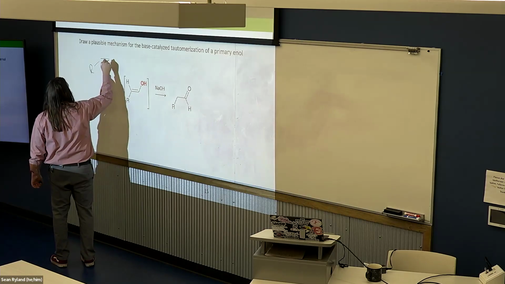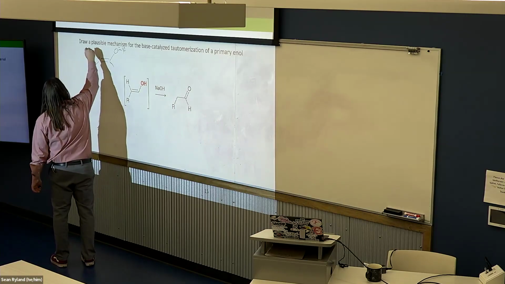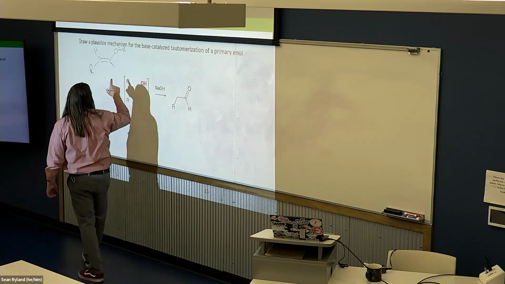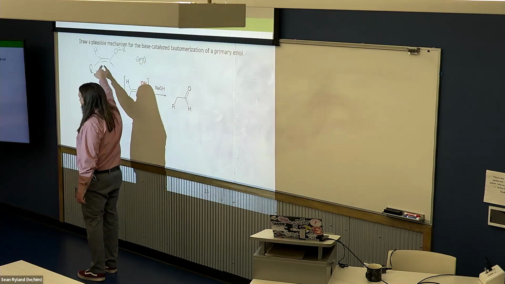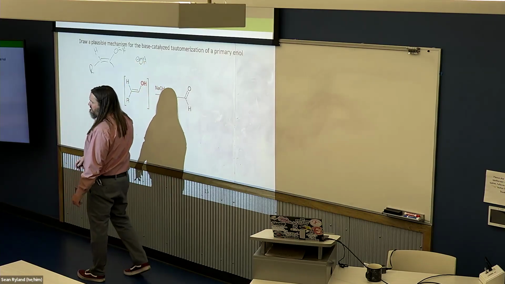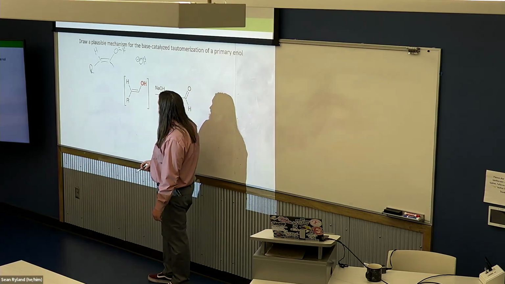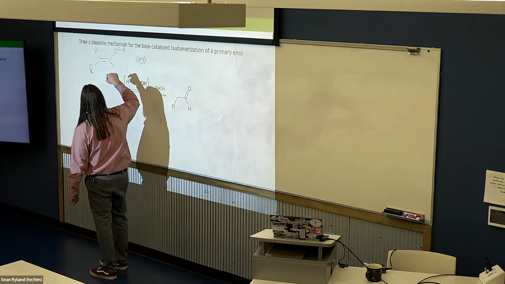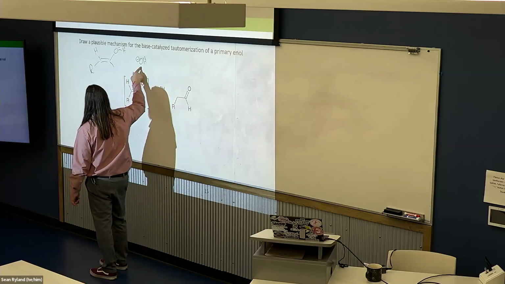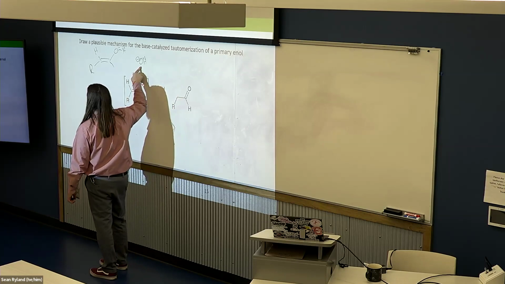If we're under basic conditions, hydroxide has a negative charge. Is it going to be attracted to the pi bonds? No, it's a nucleophile, not an electrophile, right? So where is the obvious target for a nucleophile? Or for a base, where's the acidic proton?